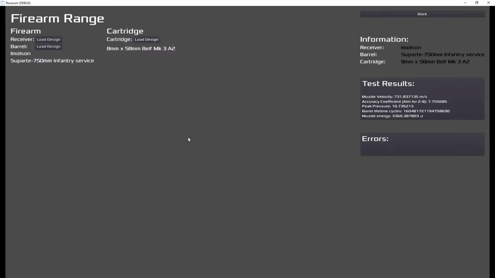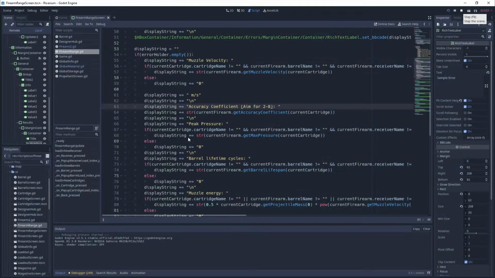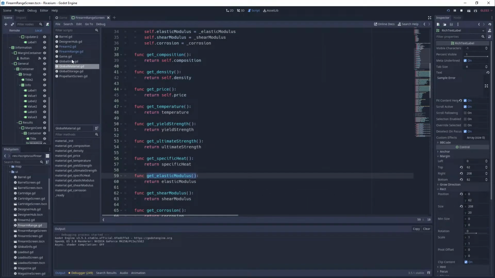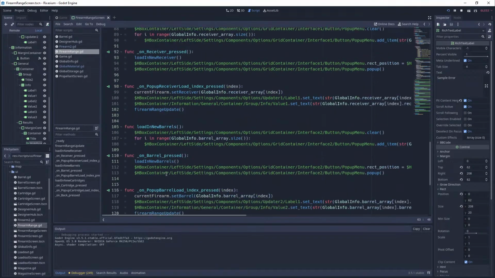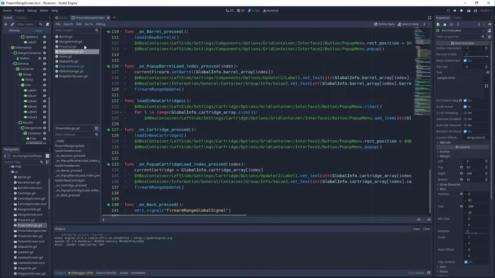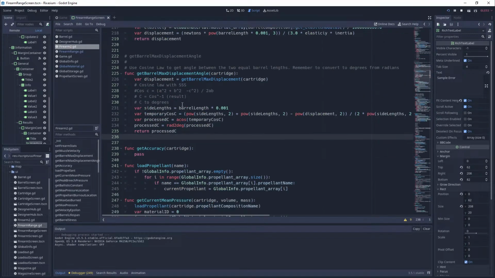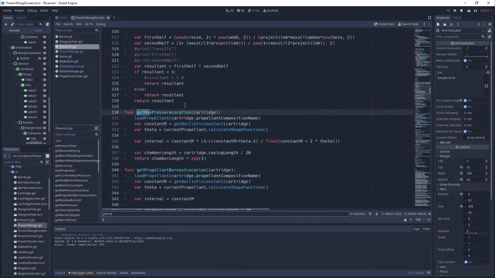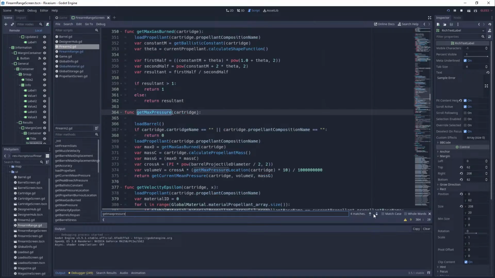But I think what we will have to do here, debugging time. Everyone loves debugging time. Get max pressure. So yeah, I think our pressure is just completely wrong. Current mean pressure.